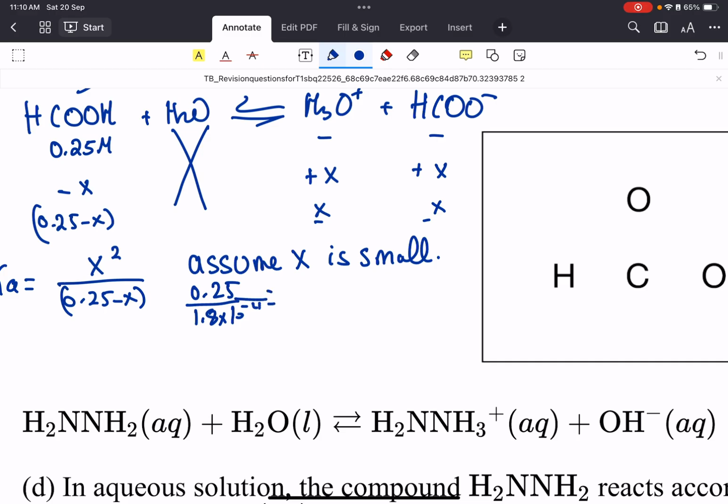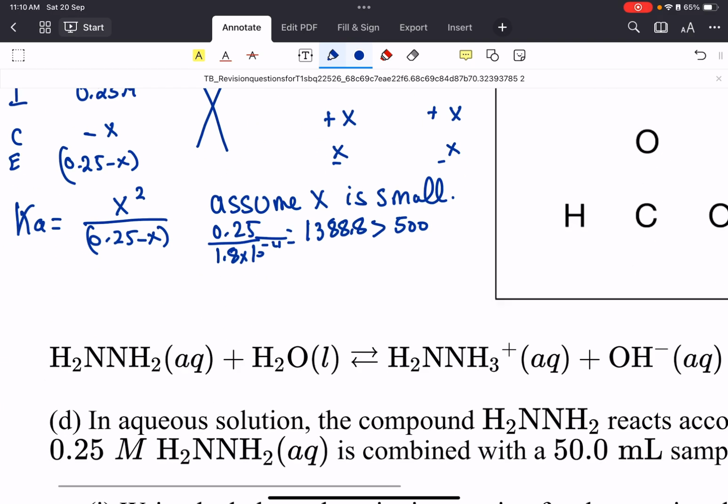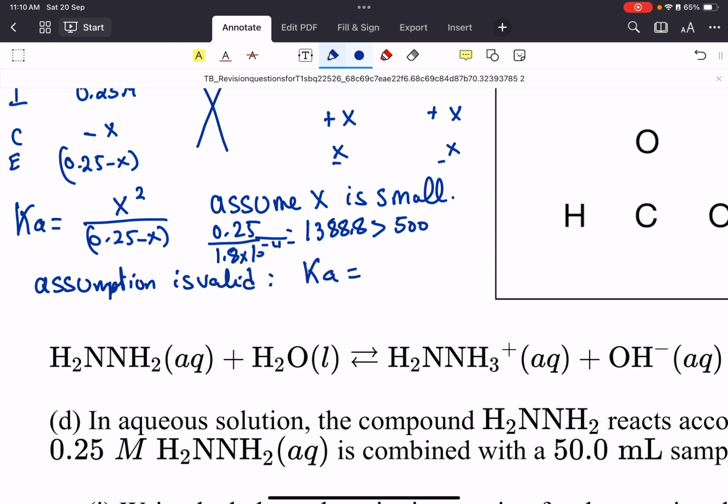So with this assumption, you are going to get a number that is extremely large, bigger than 500. So you will say assumption is valid, and you rewrite again the Ka formula without the minus x down there.